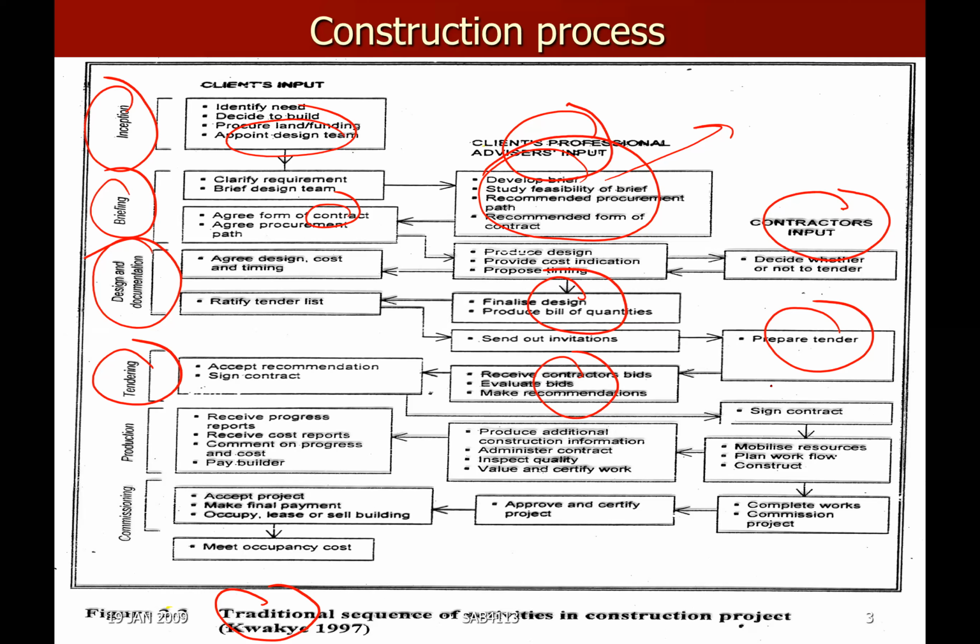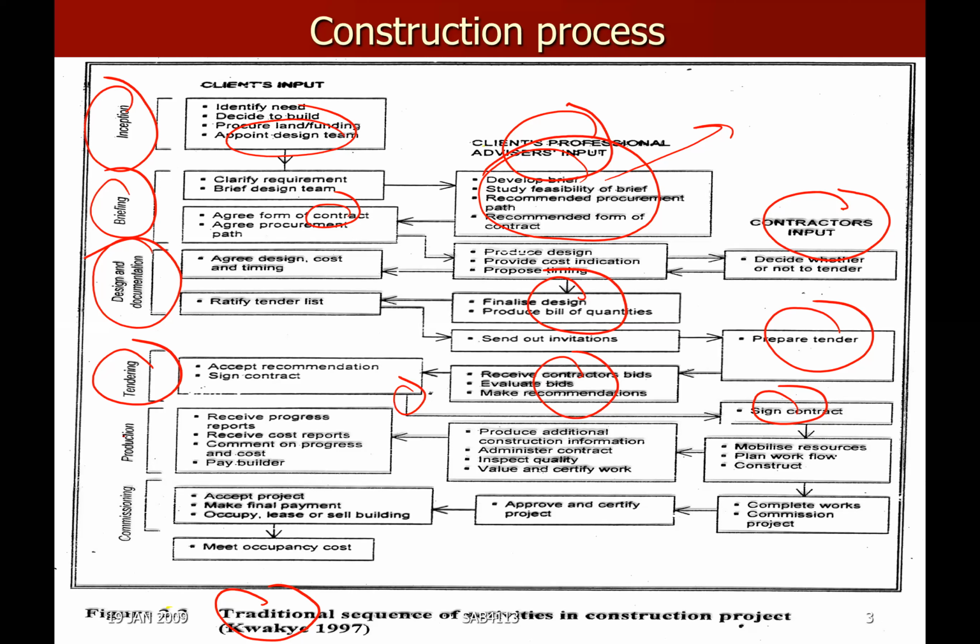So you see, awarding the contract is basically during the tendering stage. At the end of the tendering stage or procurement stage, there will be a decision to award a winner. Then the contract has to be signed.